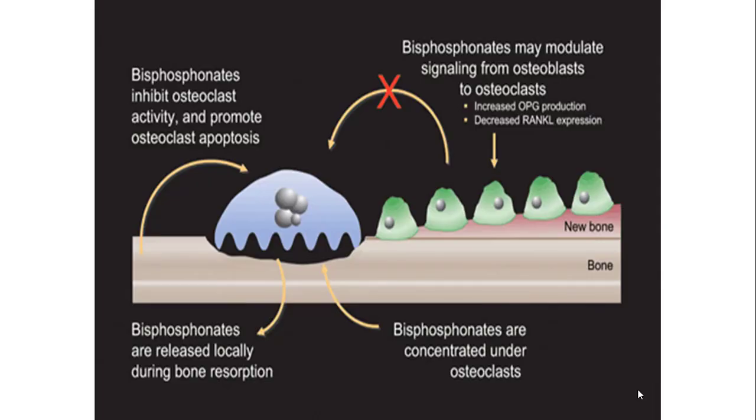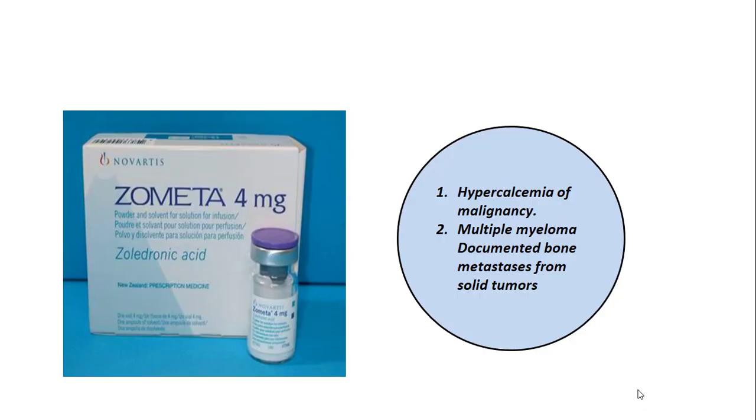So how does it work? Bisphosphonate inhibits osteoclast activity and promotes osteoclast apoptosis. Bisphosphonate may modulate signaling from osteoblast to osteoclast. Bisphosphonates are released locally during bone resorption and concentrated under the osteoclast.